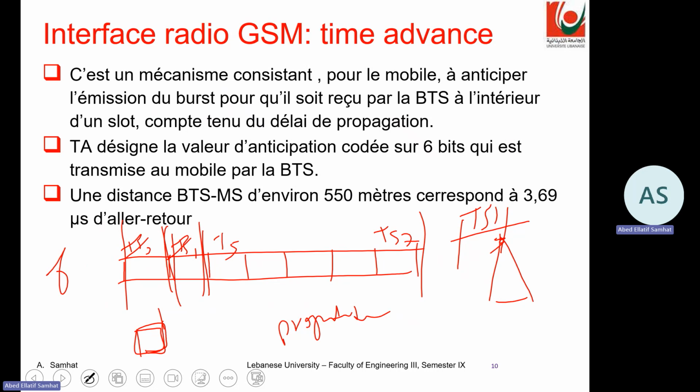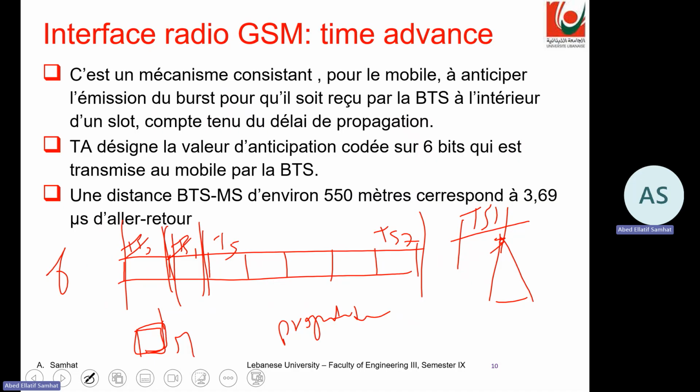This means that when the physical channel TS1 is allocated to the mobile M, the information sent by the mobile M should arrive at the base station within the time slot TS1.